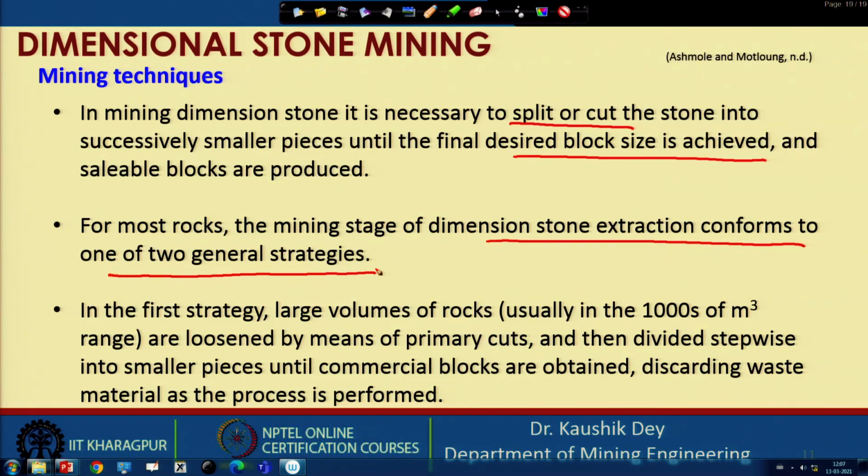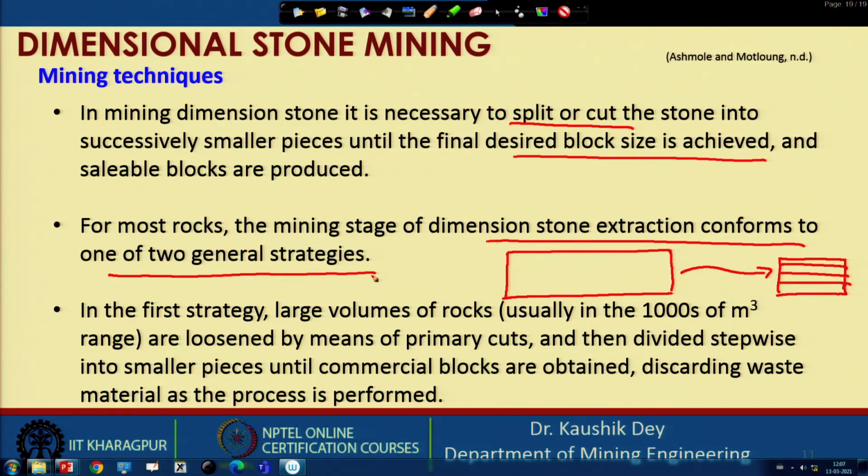two general strategies. First is that you have to excavate a large block, then take this large block to the cutting shop and then cut it into smaller size pieces.